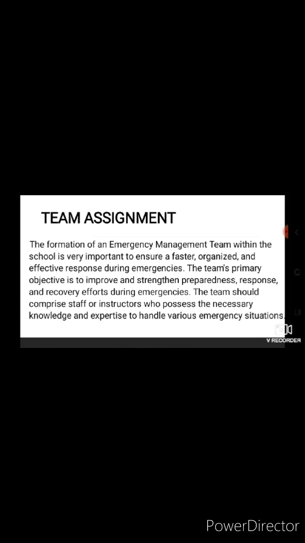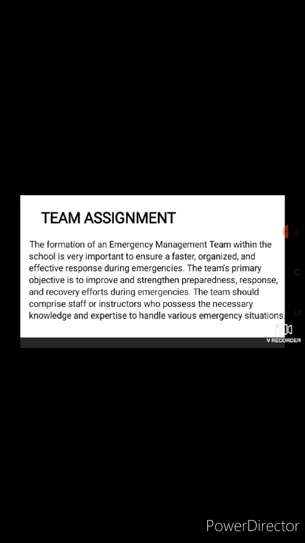So, in an emergency, there must be a team, and the team must have an assignment in order for them to ensure a faster, organized, and effective response during emergencies. Because, as we all know, emergencies, we cannot predict kung kanus-a moabot or what time. So, the objective of the team is to improve kung unsa dapat i-improve.